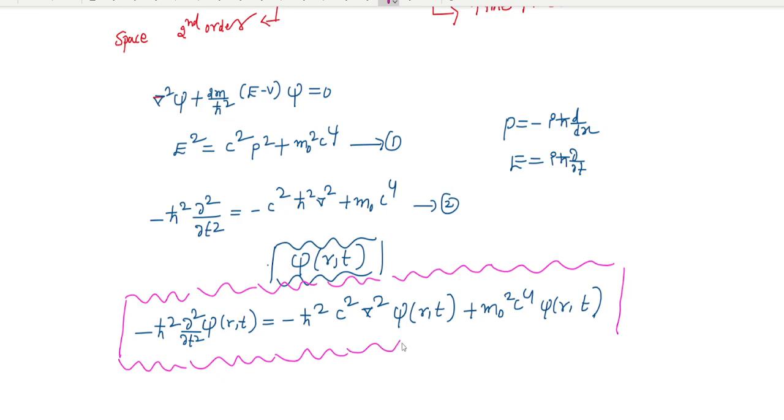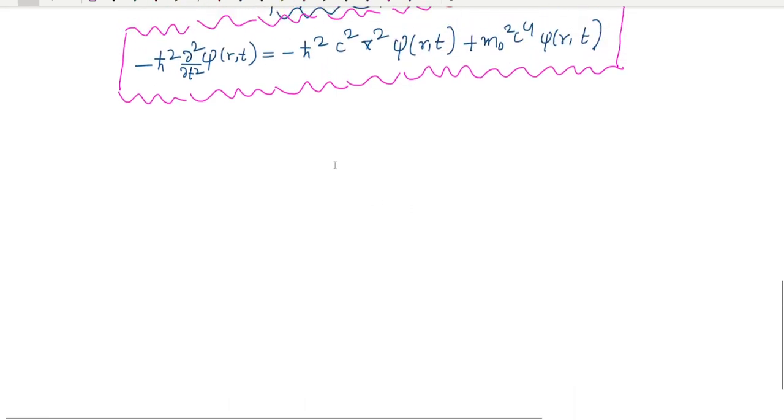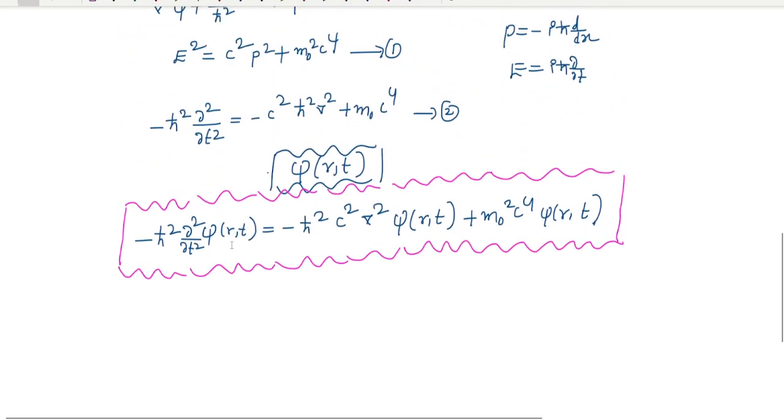This is a very famous equation in relativistic quantum mechanics. If you clearly observe here, space-time symmetry is there.